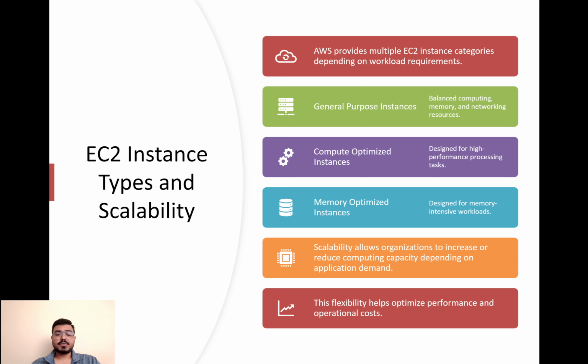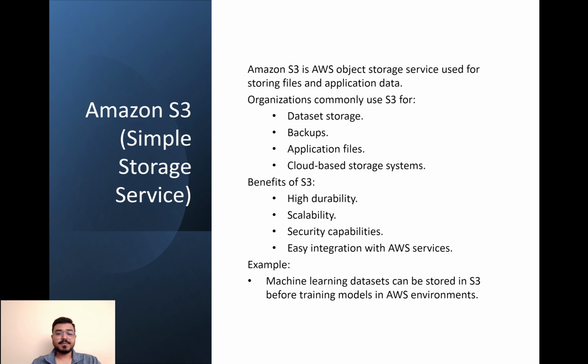AWS allows organizations to quickly add computing resources. After traffic decreases, organizations can reduce resources again. This flexibility improves performance while helping organizations control operational costs. Let's move to the next slide.